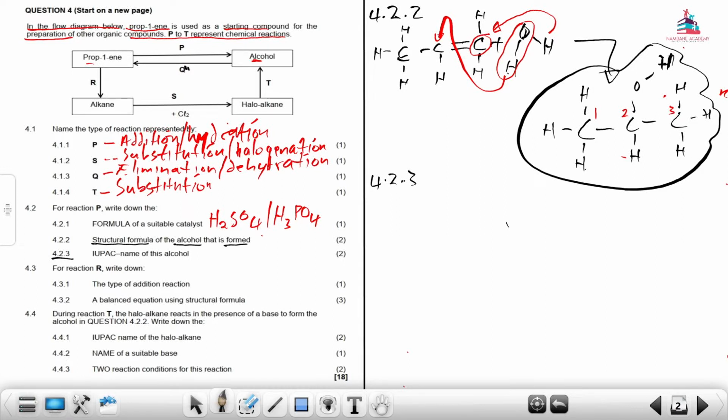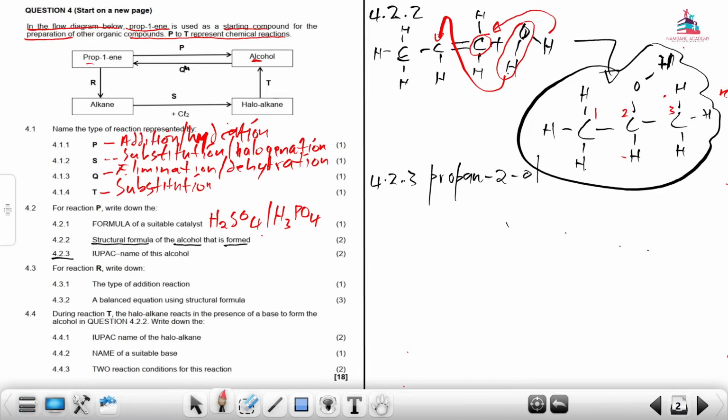So the right way of saying it is propane as the parent name, an alcohol. The position of the functional group is carbon number 2, and the suffix for the functional group gives propan-2-ol. So this will be your 2 marks.